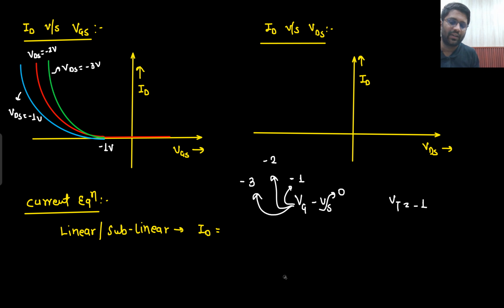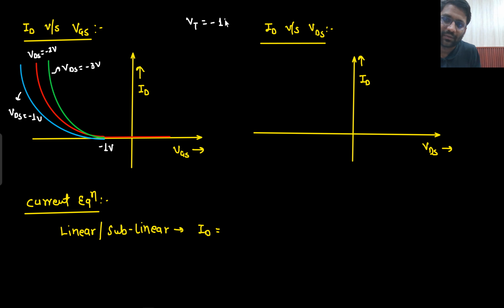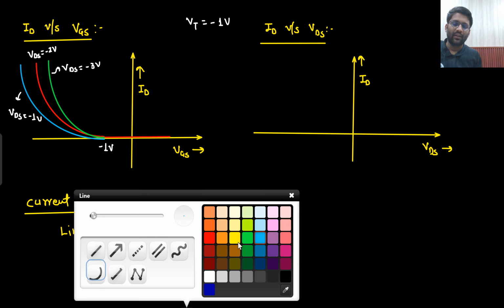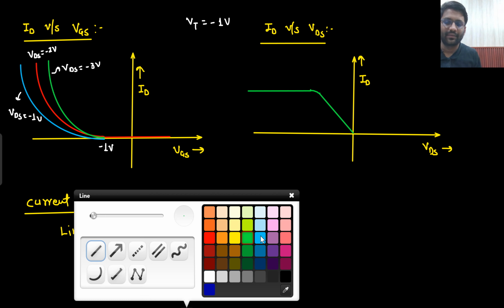This time with respect to negative, we are drawing the graph, considering VT equals minus 1 volt. Now here what will be the scenario? Here the graph would go somewhat like this. It's just like the mirror image graph we are getting.